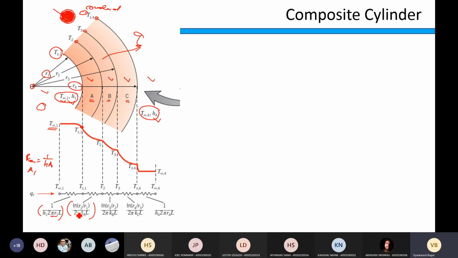Then the second is the conduction resistance. Now how do you write the conduction resistance? In the last slide we noted down how to write the conduction resistance.